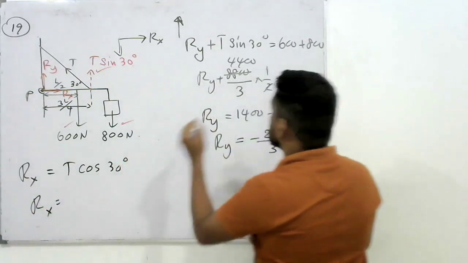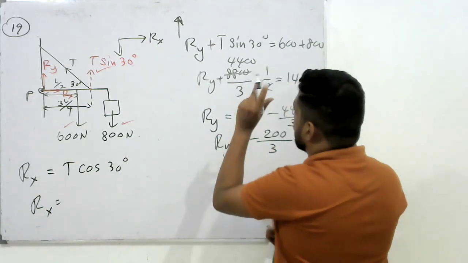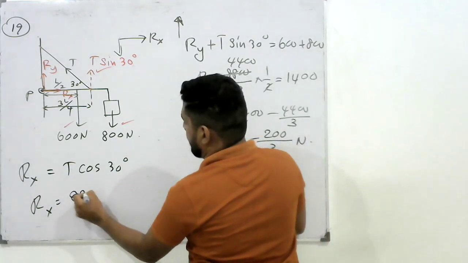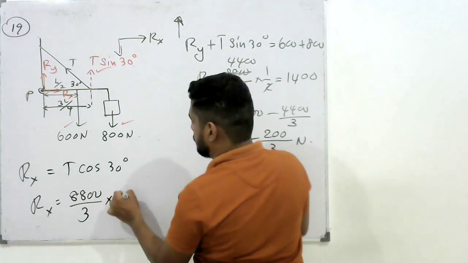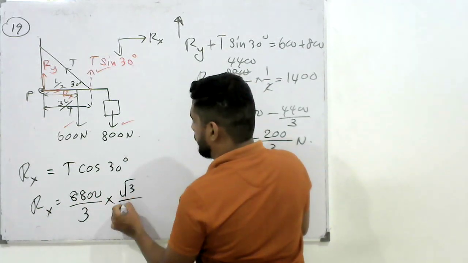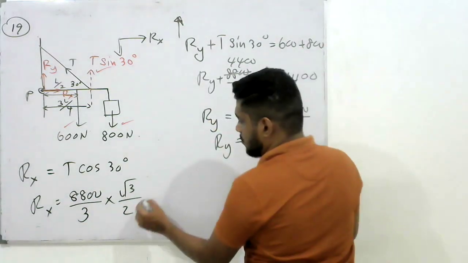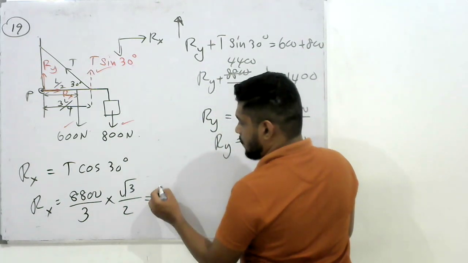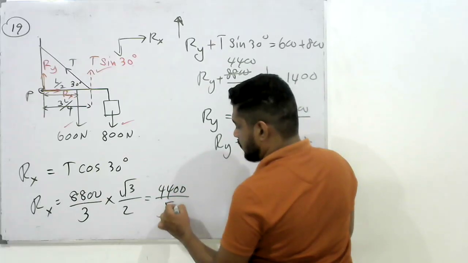T is 800 divided by 3, cos 30 is root 3 over 2. That's it. So it is 400 divided by root 3 newtons.